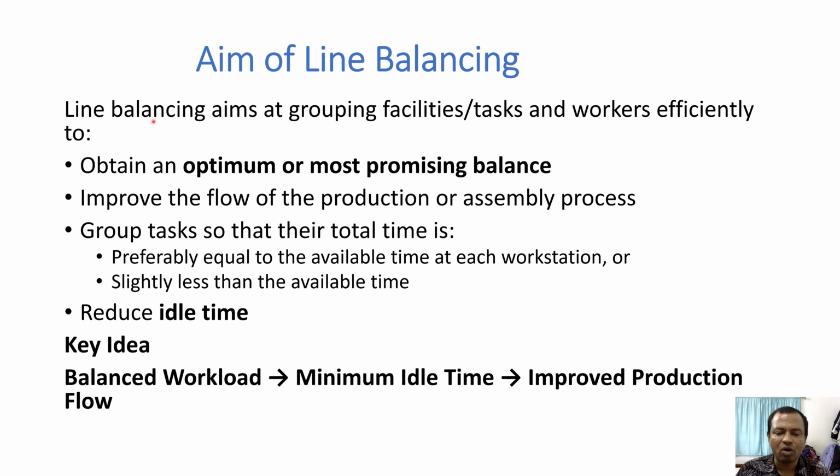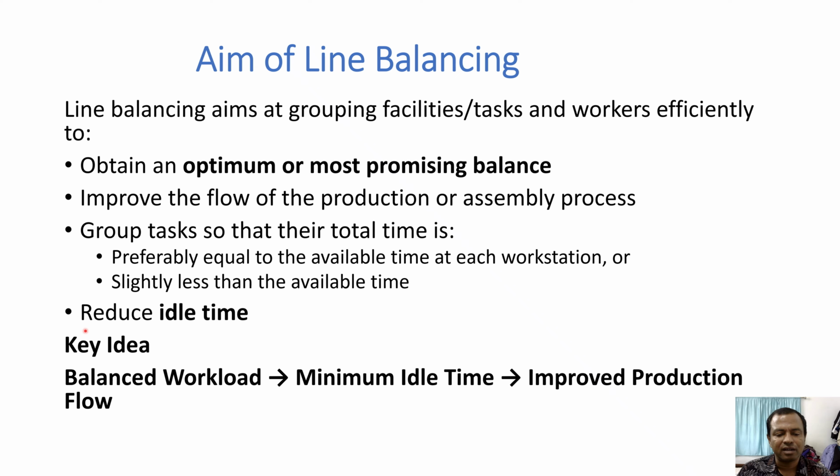So the aim of line balancing is to obtain an optimum or most promising balance that is done to improve the flow of production or assembly process. Group tasks so that the total time is preferably equal to the available time at each workstation or slightly less than the available time.